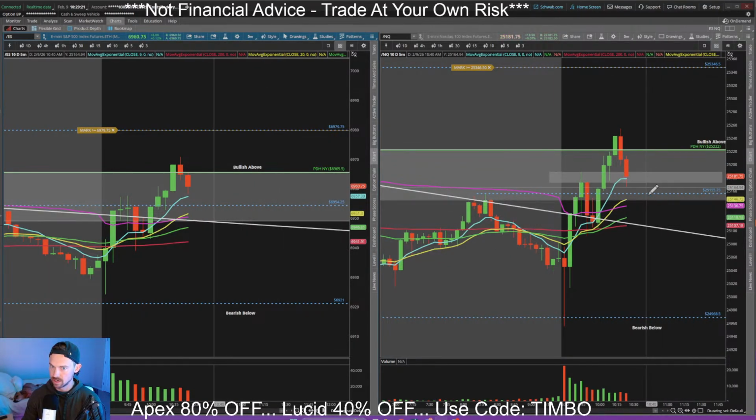Seeing a little bit of buying coming in. Starting to wick a little bit here on this 5-minute. We got about 30 seconds here till 10:30.